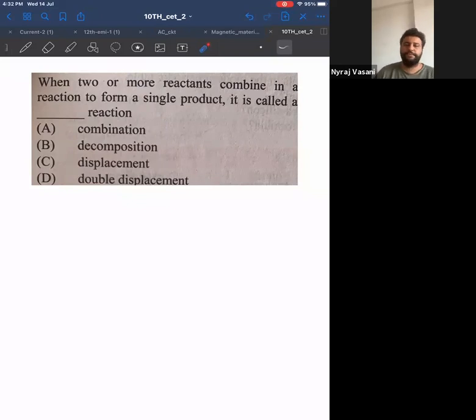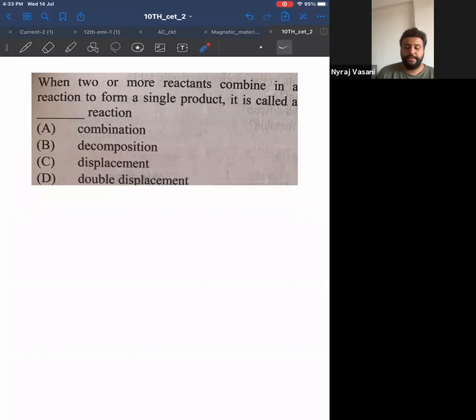Okay, I'm getting answers from mostly all of you, which is good. I'm getting answers between A, B, and C. Okay, D is not the answer, that is fine. But I'm getting equal answers between A, B, and C.